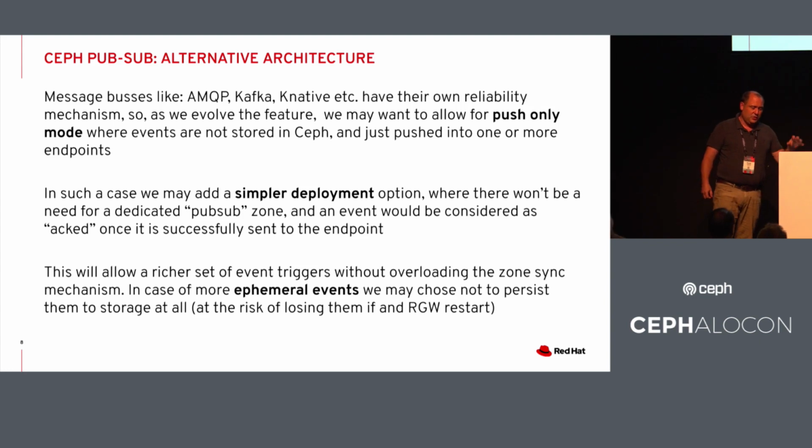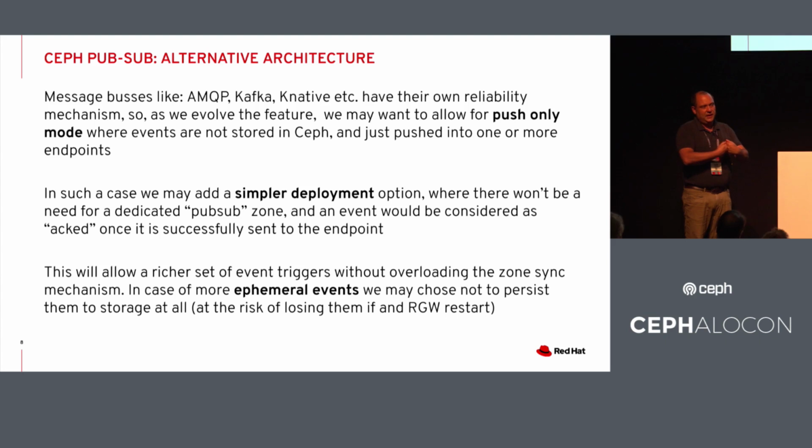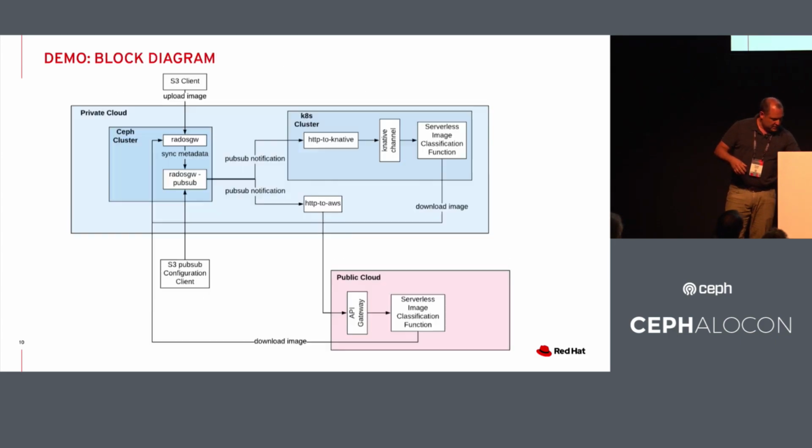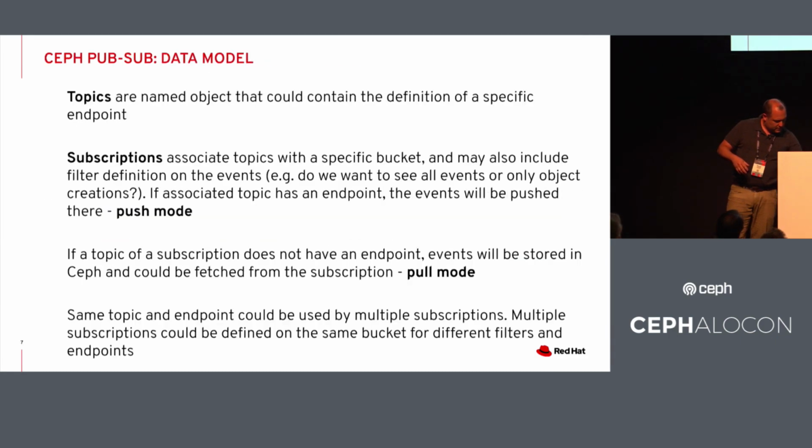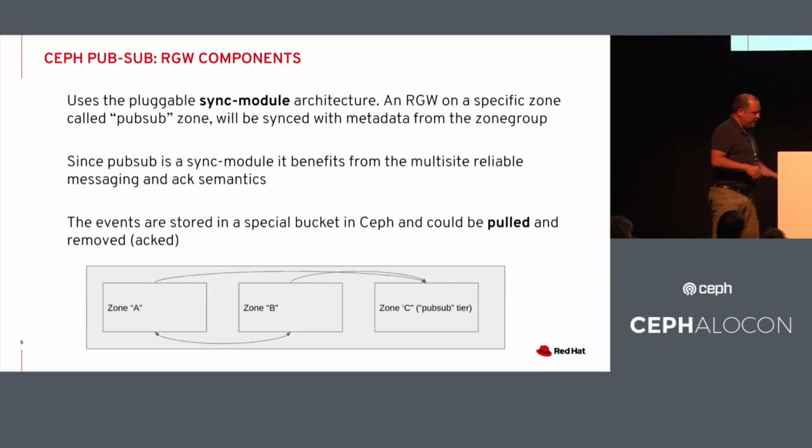So in the future, we plan on adding something called a push-only mode, in which the messages could go out directly. If this is the case, we may decide to build a more integral and native support for sending those messages outside of the system without this extra zone. This extra zone that you see here, zone C, doesn't cost too much to add, but it is again a little extra thing that you need to configure in your system.